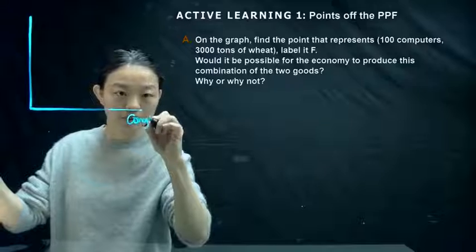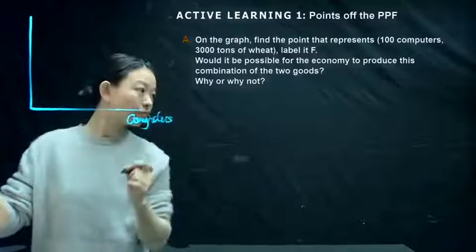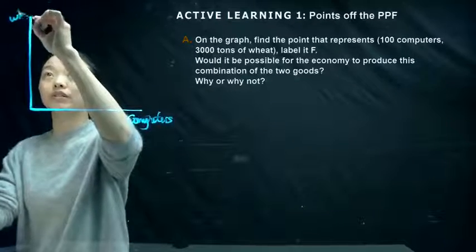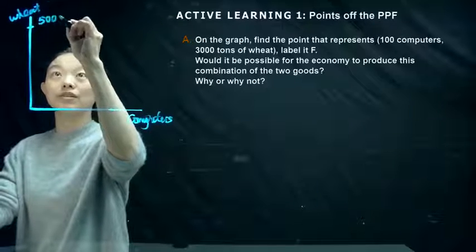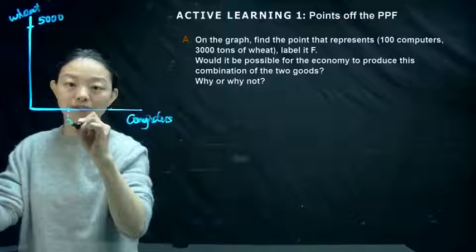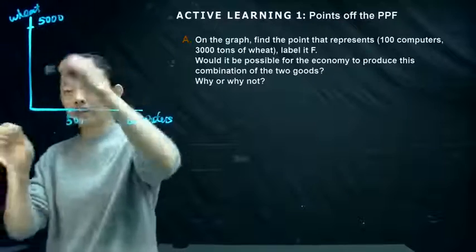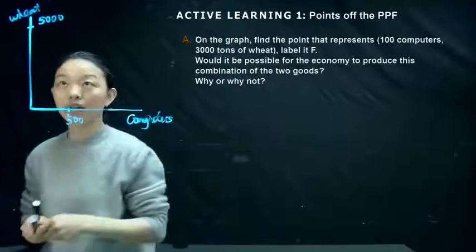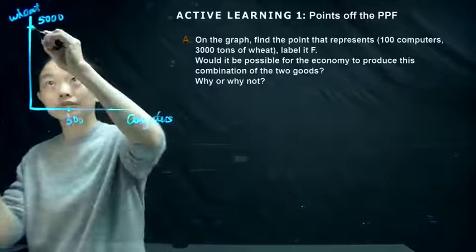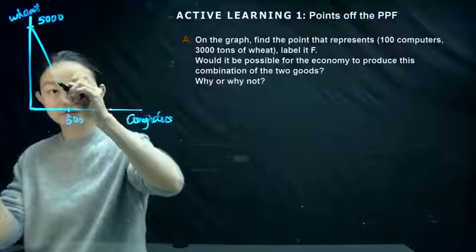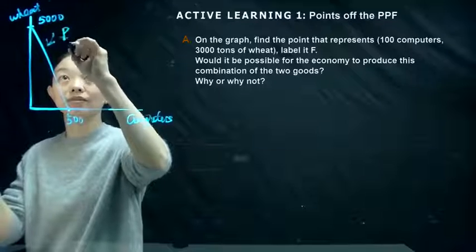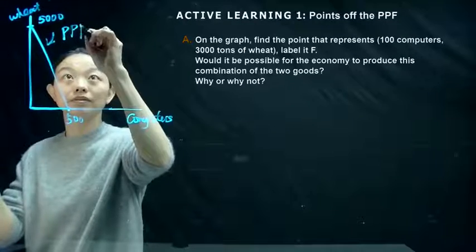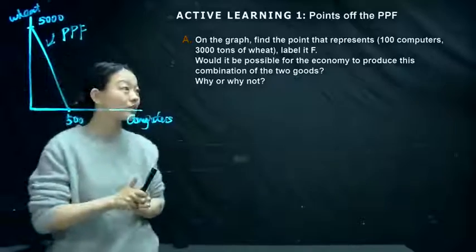This will be computers, and this will be weight. This is 5,000, this is 500, okay? Link these two dots, you get a PPF. So this is what we call PPF.